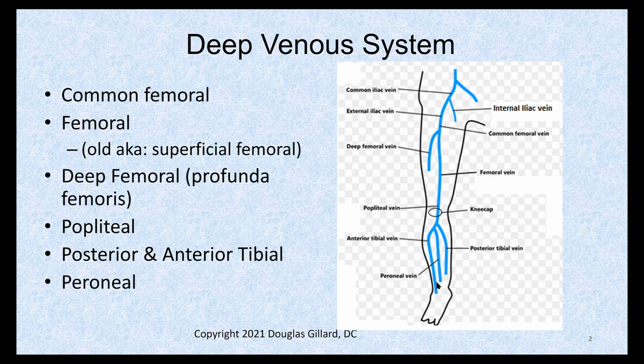Anterior tibial vein, what does that one become? Let's see if you remember anything from anatomy. That's one of our palpable targets. Yeah, dorsalis pedis, right here at the crack of the ankle, becomes dorsalis pedis. So the anterior tibial vein is not that important, but the artery would be important.